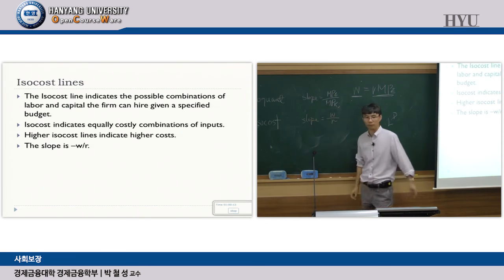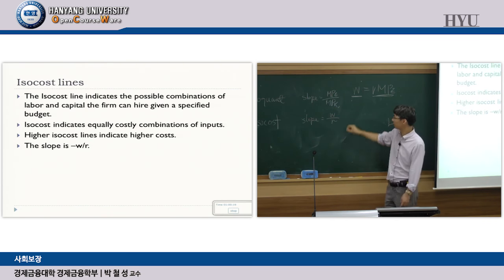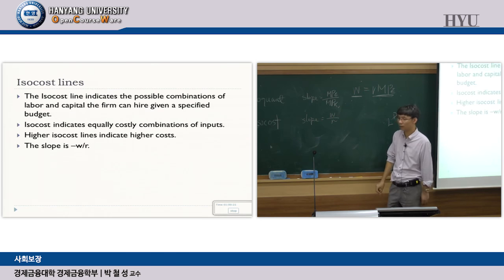The slope of the isocost is W over R. Actually, they each have a negative sign, but we just leave out the negative sign. And slope is going to be important. I mean, in economics, in every diagram, slope is important.